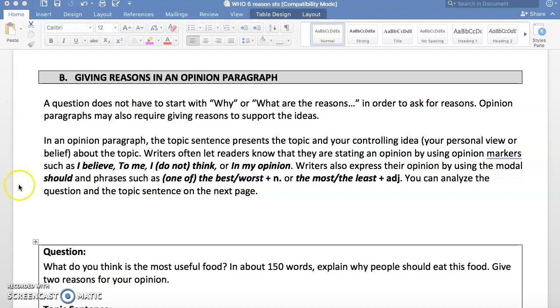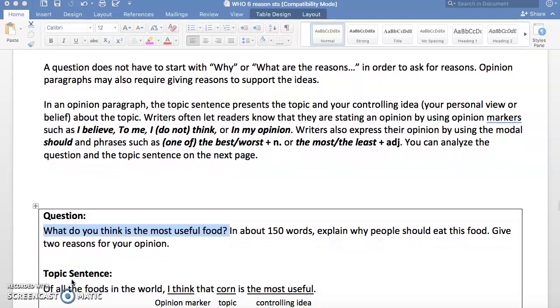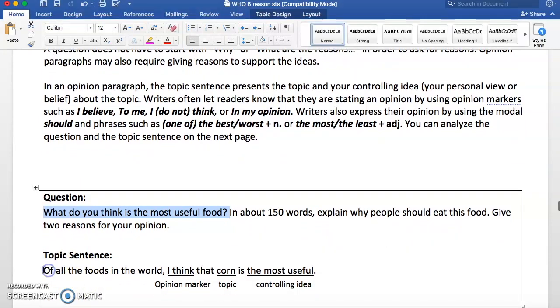Let's have a look at the sample here. What do you think is the most useful food? So when the question is something like this, you will be expected to have a topic sentence like the following. Of all the foods in the world, I think that corn is the most useful.